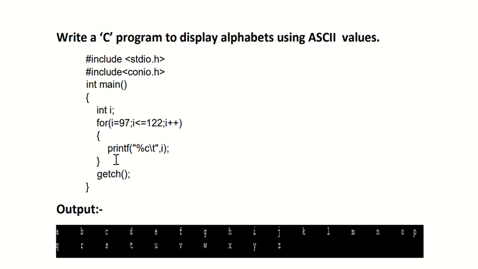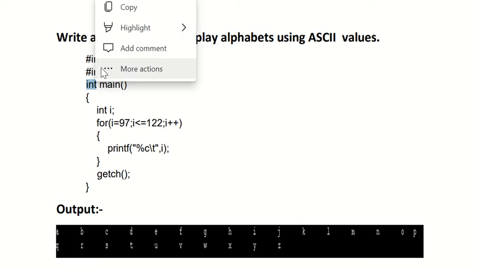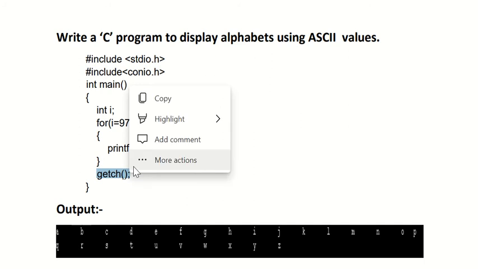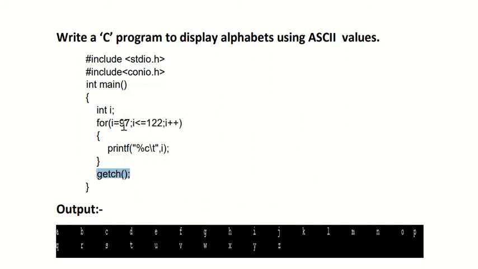Instead of integer, please use void here. If you are using integer, still no problem, but you have to write the return statement, that is, return 0 semicolon. Now I will consider the void main function only. Instead of integer, void main, and the brackets mean function.